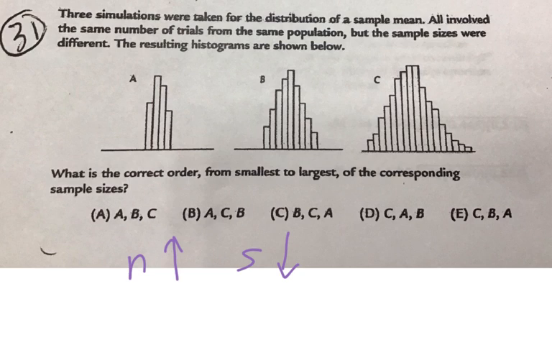So, if you look at our choices here, we're supposed to go from smallest to largest by sample size. Does everybody understand that this must be the largest sample size? Or, sorry, I have it backwards. This has the largest standard deviation, so it will have, therefore, the smallest sample size.